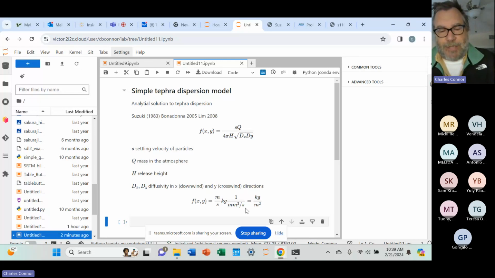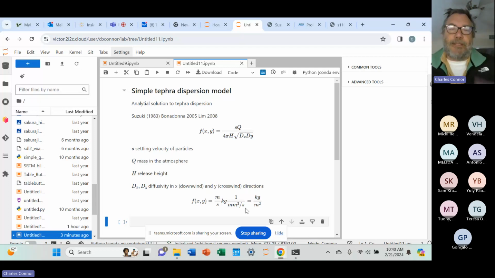And the diffusion is how wide that blob is. If I release it from a greater height, higher and higher, the footprint will be wider and wider. And similarly, if the settling velocity is smaller, it takes longer for the tephra to hit the ground, so I'm also going to get a wider footprint. So that's how these terms relate to one another.